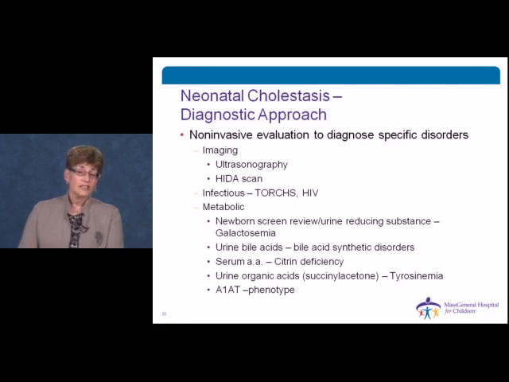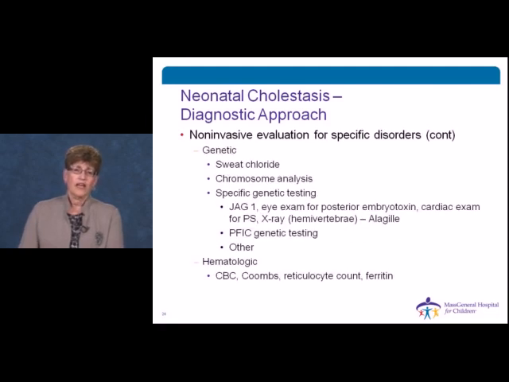Serum amino acids, looking specifically for citrin deficiency. Urine organic acid, succinylacetone, looking for tyrosinemia, which again is eminently treatable. And alpha-1 antitrypsin, looking specifically at the phenotype. And we're going to actually review each of these a little bit more in detail as we move on. Then going on to genetic testing, sweat chloride for cystic fibrosis, chromosome analysis.